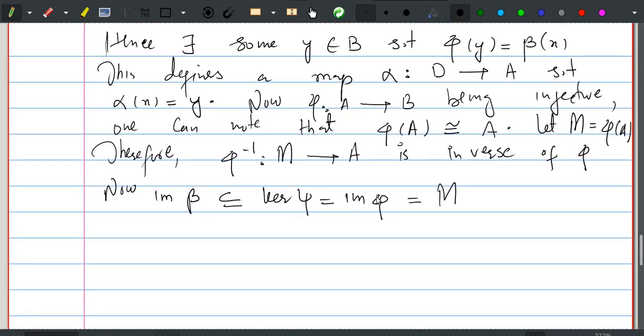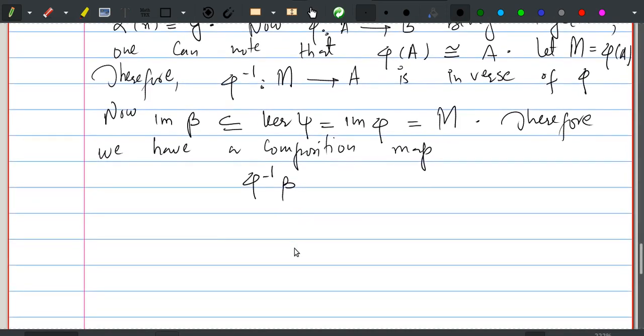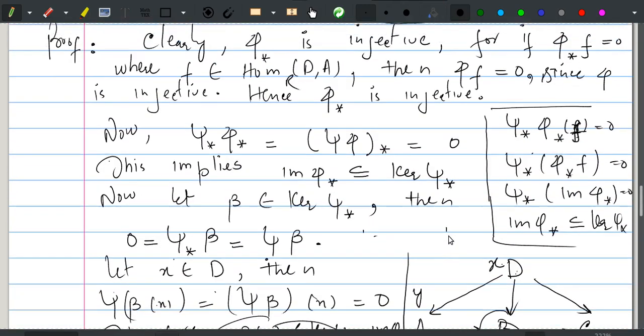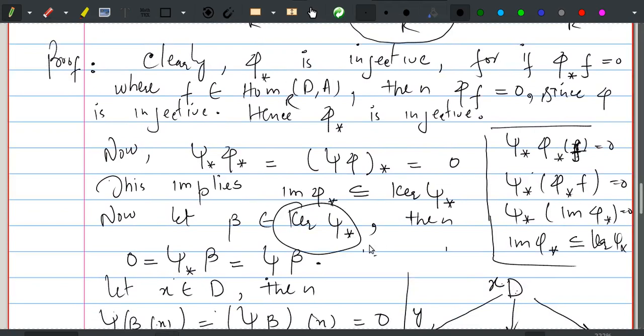That means we have a composition map, phi inverse beta. Now this beta is actually a map from D to B, because this beta is in the kernel of psi star, and the kernel of psi star is contained in Hom(D,B).